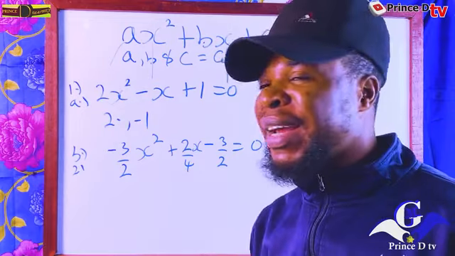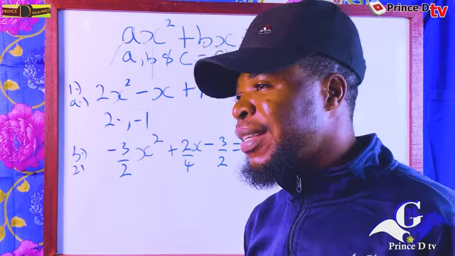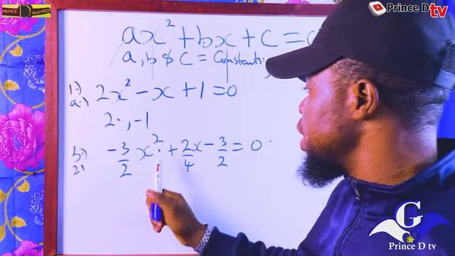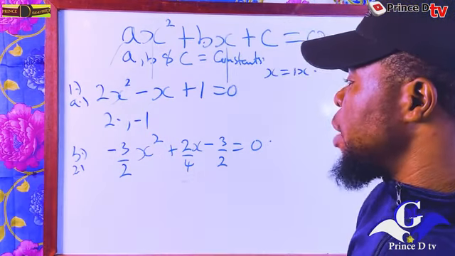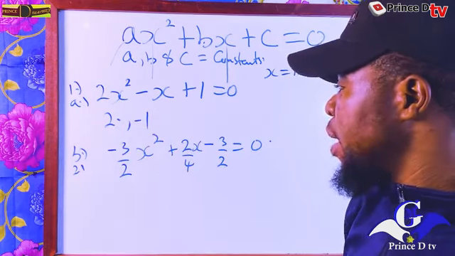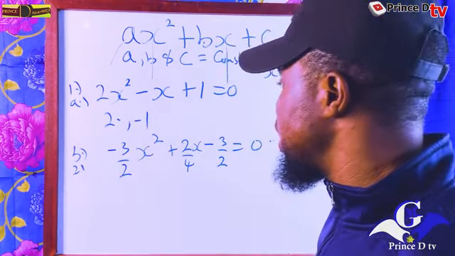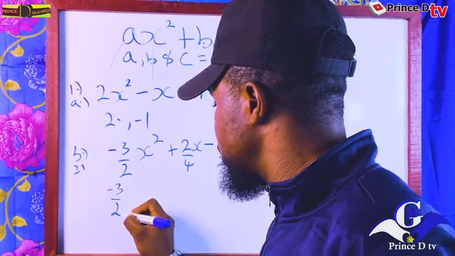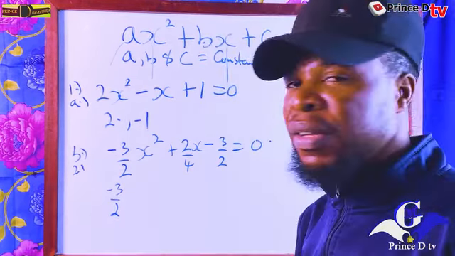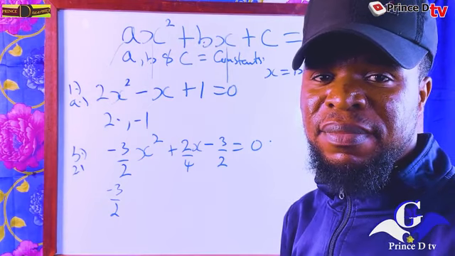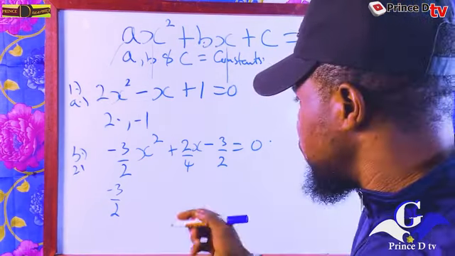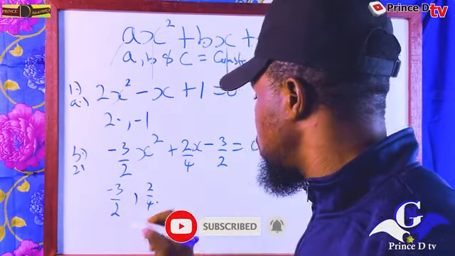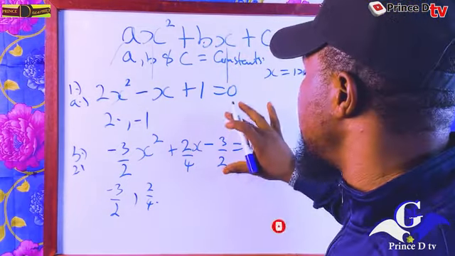But what gives you an idea to make you understand that this is a quadratic equation? It is simply the degree, the highest power, which is 2. All right, and it's made up of 3 terms: 1, 2, 3. So the coefficient of x squared in this equation is -3 over 2. That's the coefficient of x squared. Now, the coefficient of x here is 2 over 4. And of course, we have our single constant.